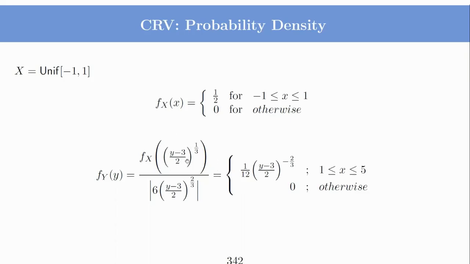Otherwise, it will be 0. Okay, so when it is half, this whole thing will become 1 upon 12 times (y minus 3) by 2 to the power minus 2 by 3. And when it is not in this range, it will be just 0.